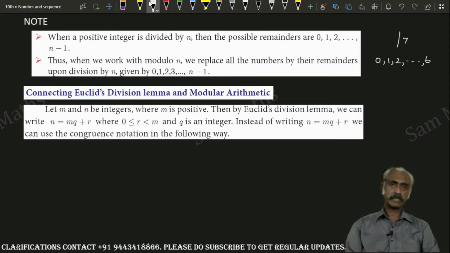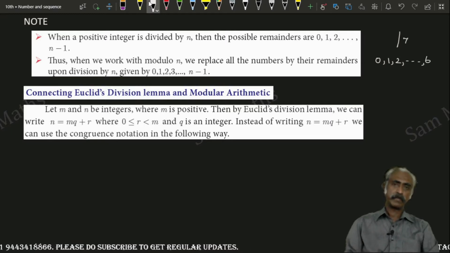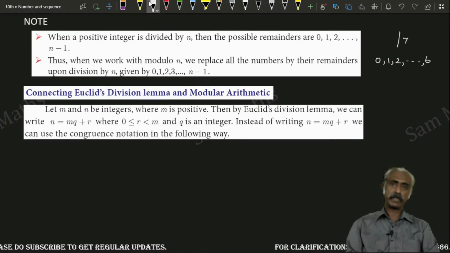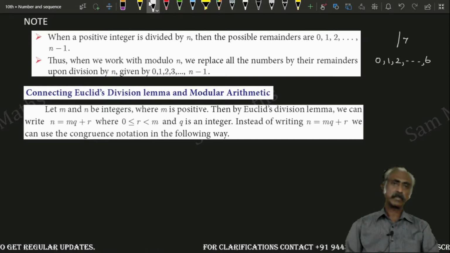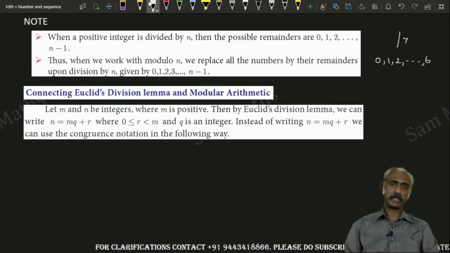Connecting Euclid's division lemma and modular arithmetic. Let m and n be integers, where m is positive. Then by Euclid's division lemma, we can write n is equal to m into q plus r. r is the remainder.